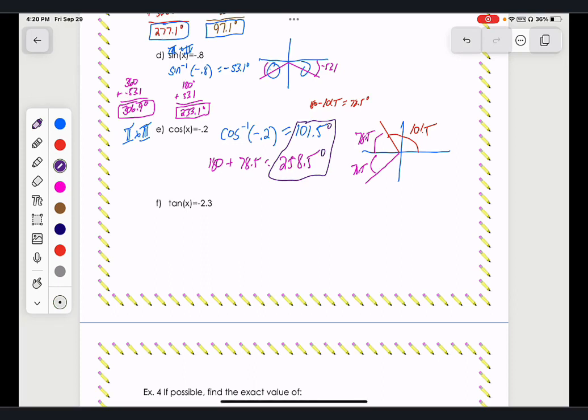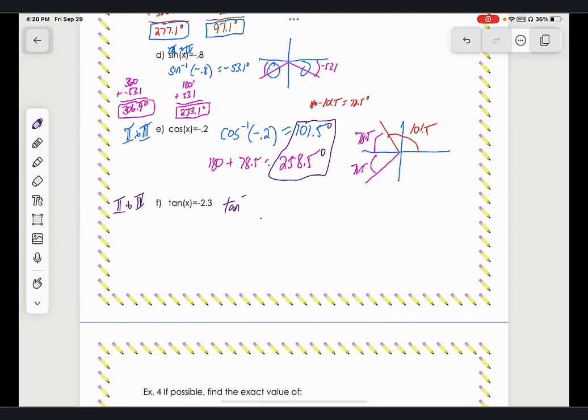Our next problem is the tangent of x equals negative 2.3. Well, that tells us that with a negative tangent, it has to be in quadrants 2 and 4. So we plug that into our calculator, the inverse tangent of negative 2.3, and that will give us negative 66.5, which of course is right down here.